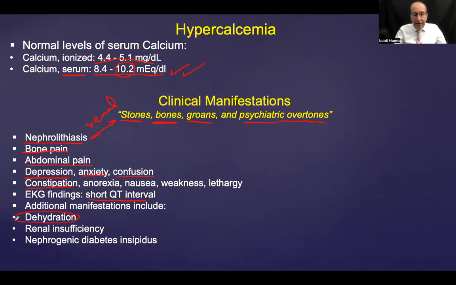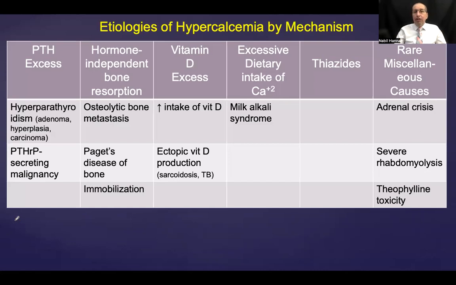So what is the etiology of hypercalcemia? By far, the most important cause of hypercalcemia is increased parathyroid hormone, because the parathyroid hormone is the major calcium fan. The more the parathyroid hormone, the higher the calcium level.